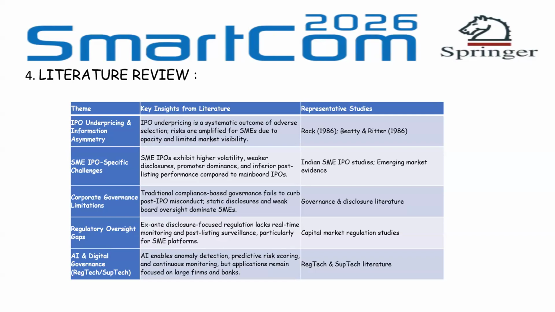The SME IPOs have certain specific challenges. They exhibit higher volatility, that is, being more volatile in the market, and weaker disclosures, disclosing very little to the investors, and promoter dominance, as most of the IPOs are sometimes oversubscribed mainly because of the promoters, and much inferior post-listing performance as compared to some of the main board IPOs.